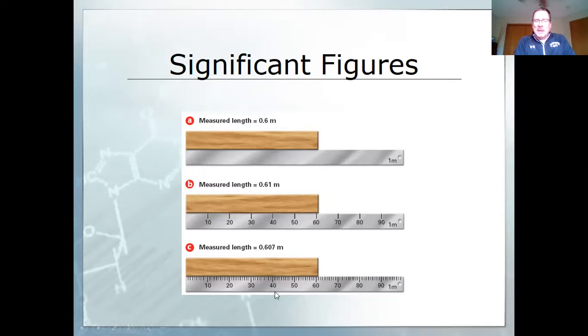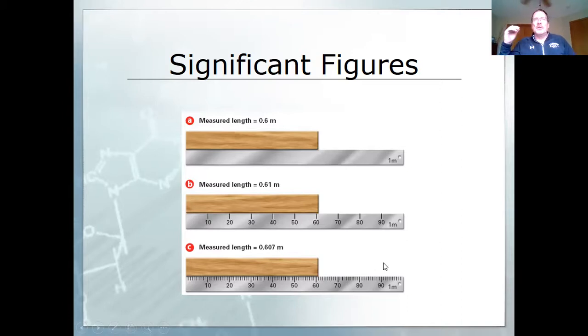Now I put in the millimeter markings, and now I can go, well, that's 0.6. It's not quite 0.61. It's a little less. I'll call that 0.07. But I can get three significant digits because the 0.6 and the 0 are absolutely measured, and then the 7 is my estimate.